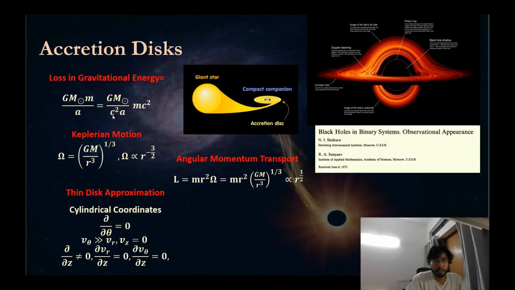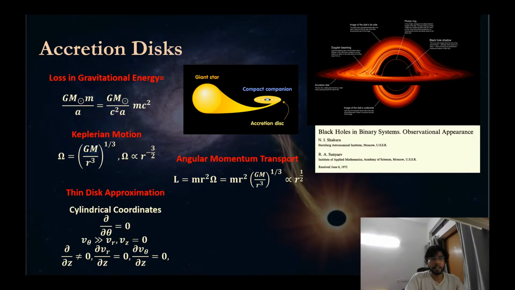So I just multiplied and divided by c square. Why I have done that is because this mc square is a measure of the rest mass energy of the matter, right? And this factor turns out to be very high. So from here we can estimate how efficient these processes are, that is, how much percent of the rest mass energy is being extracted by this process of accretion.